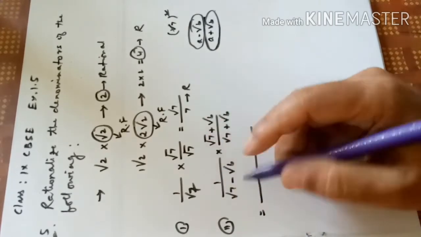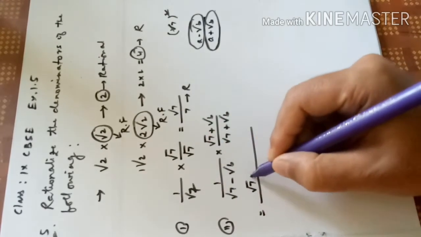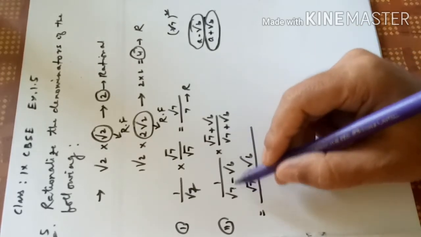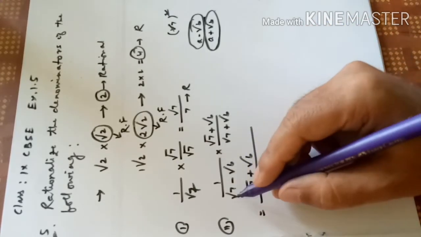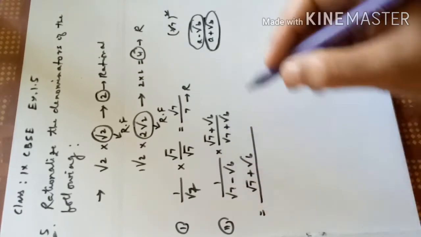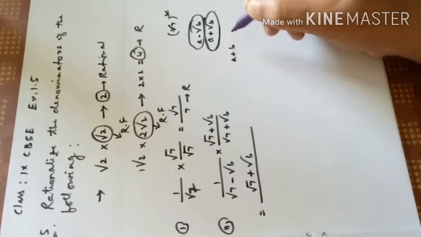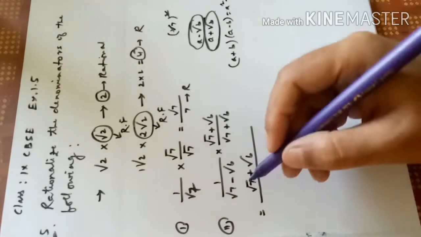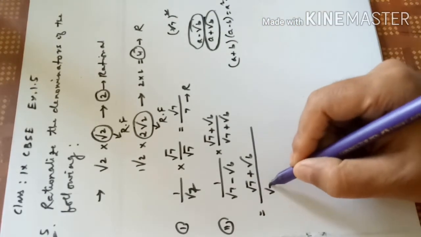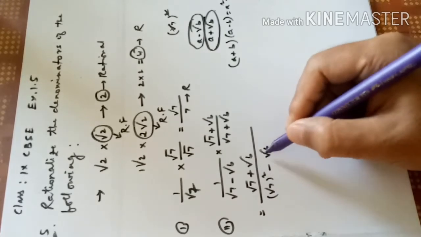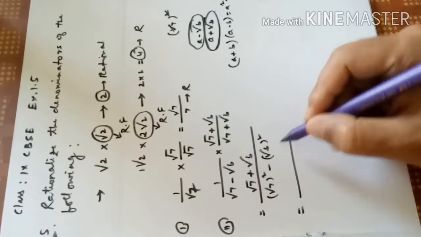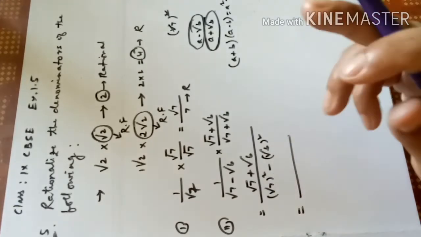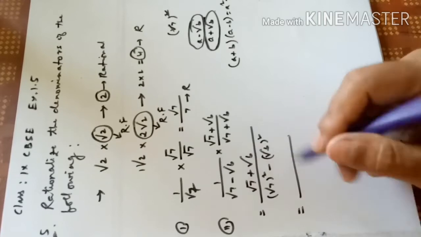1 and any number multiplied gives the same answer, root 7 plus root 6. Now in the denominator it will be a plus b times a minus b. What is the formula? a plus b times a minus b is a squared minus b squared. So what is the a value here? Root 7. Root 7 squared minus root 6 squared.